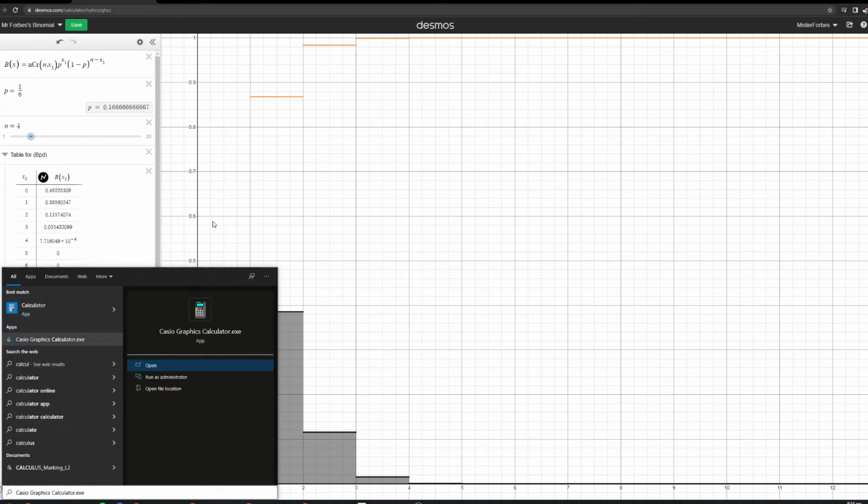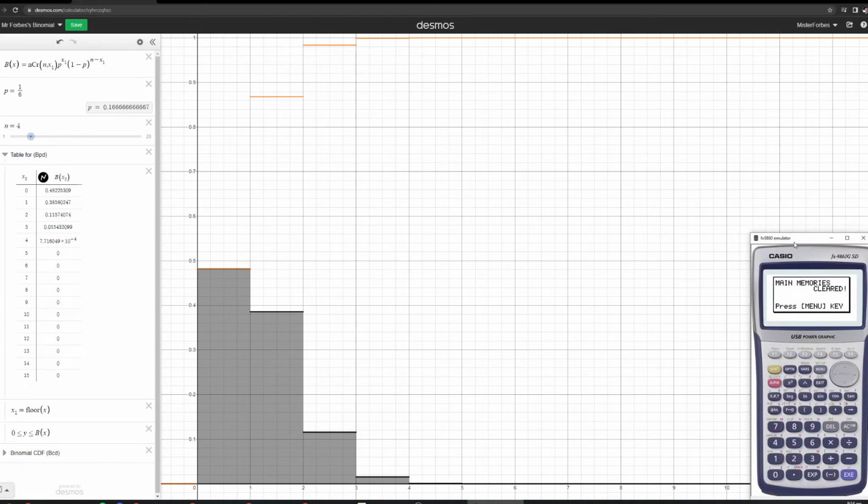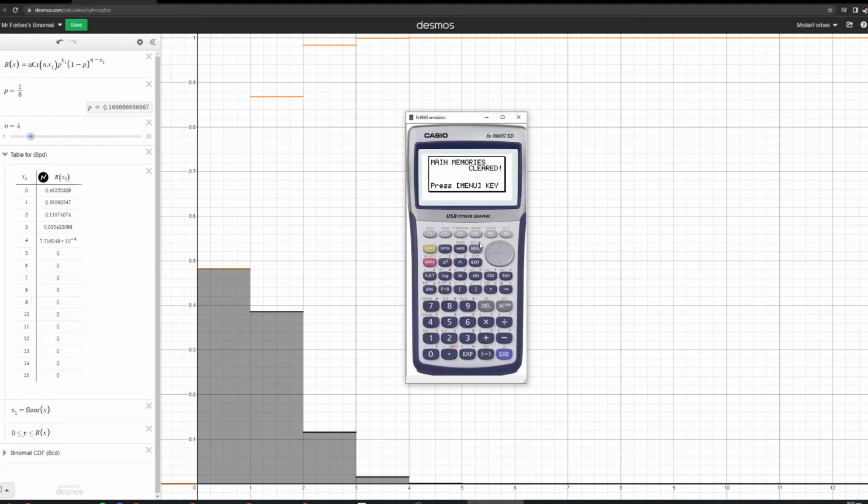Now, I want to show you how to do that on your calculator. So if you want to do binomial on your calculator, we go into menu, then statistics, then distributions, then binomial, and first we'll test it with a point, and then we'll do cumulative.